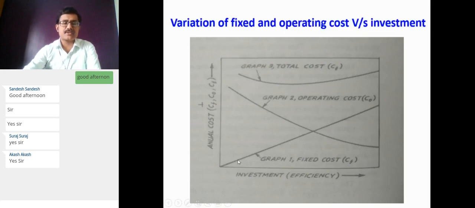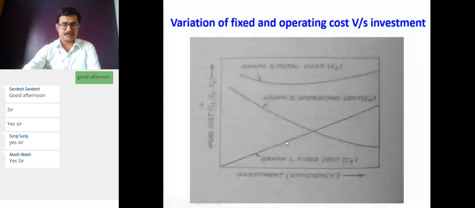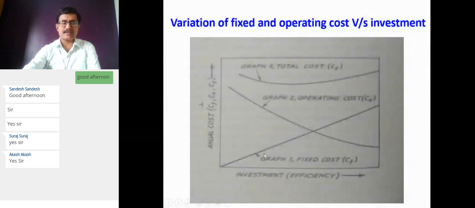Somewhere let us say the efficiency is being 50%. Efficiency now improved from 10% to 40%. So whatever the component or the arrangement that you would be using, definitely that will come at some higher, increased prices. So your cost of the investment will increase. So that way the fixed cost is directly proportional to the efficiency of the plant.